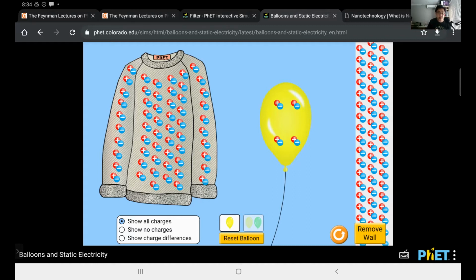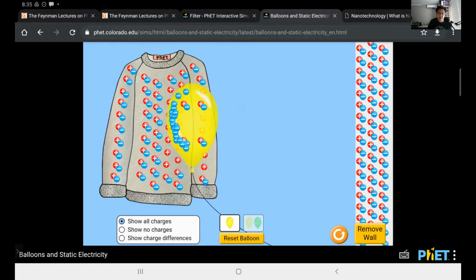For example, in this one, if you're wearing a sweater, and in this simulation there is a balloon made of maybe rubber or some polymer, and this simulation tries to show you that if I bring this thing close, then the balloon can pick up some electrons from the sweater that are easy to remove from the sweater.